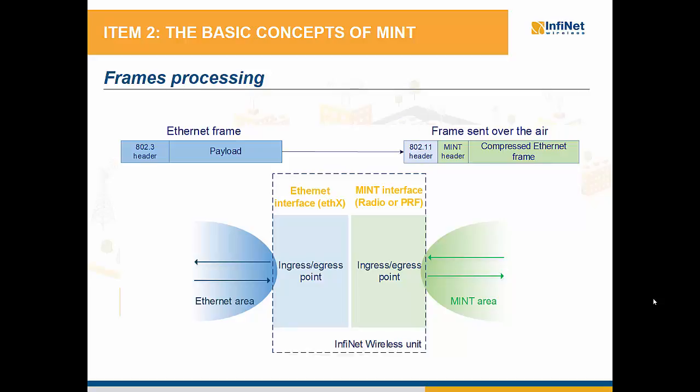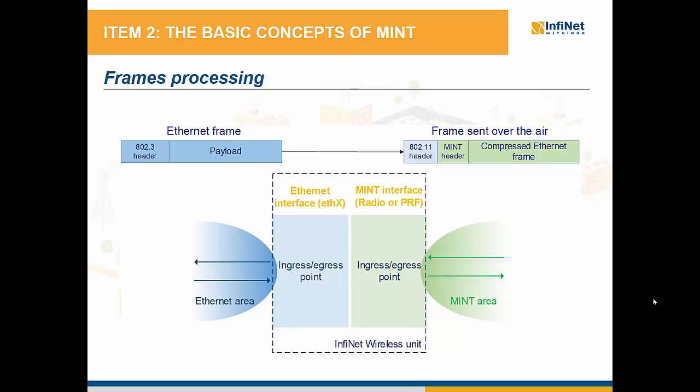Then they go to the radio sublayer, where they are encapsulated again into radio frames, which are sent through a MINT interface, PRF or RF, over the air. In case of TDMA, the MINT frames are converted into time chunks with byte resolution.